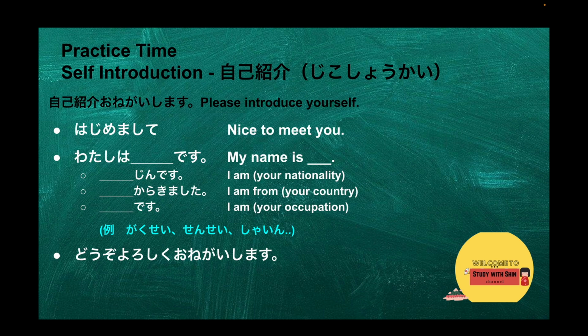If you learn Japanese along the way with me, eventually you will understand what this means. But it basically means that you are requesting the other person for whatever that is.